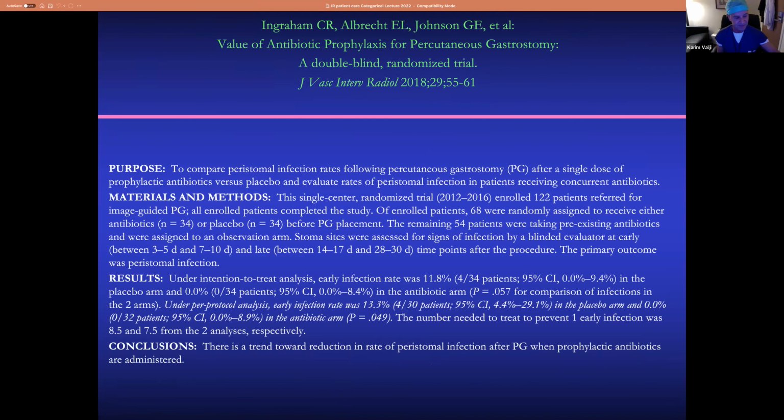Their group did this study, which basically showed there is barely a benefit to it. Now, whether you want to give it or not is another story, but at least there's evidence here of some benefit to giving it in preventing stomal site infections. So other than that, all the antibiotics that we use are given based on just tradition.